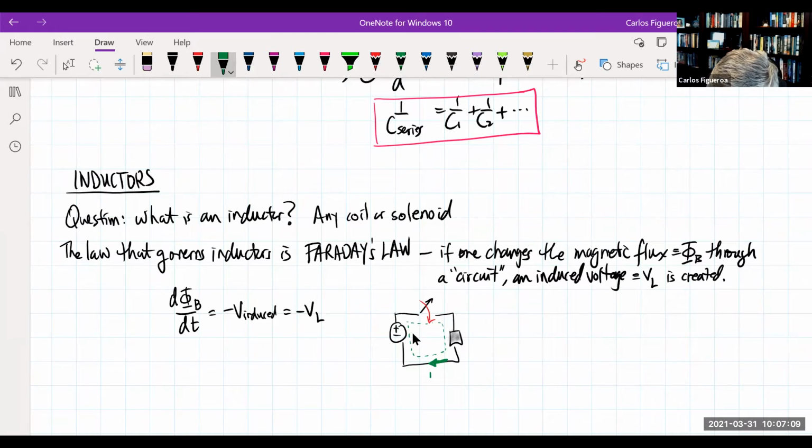Note that this current is changing in the circuit, and because it's changing, you're going to have a magnetic field that's going to wrap around into the loop. As it wraps around into the circuit, this is what they call self-inductance.